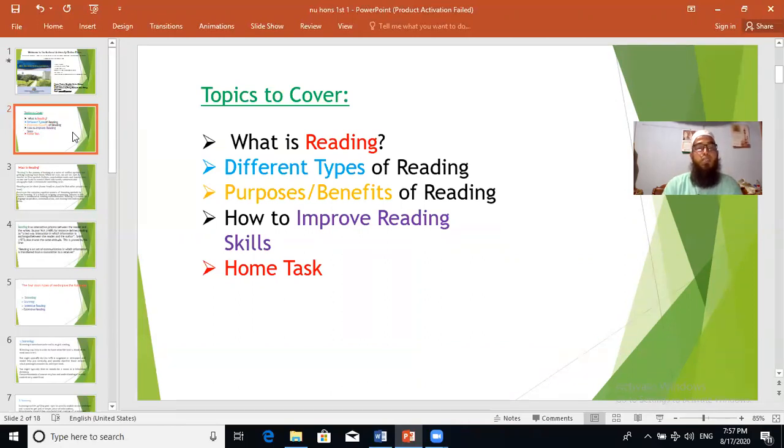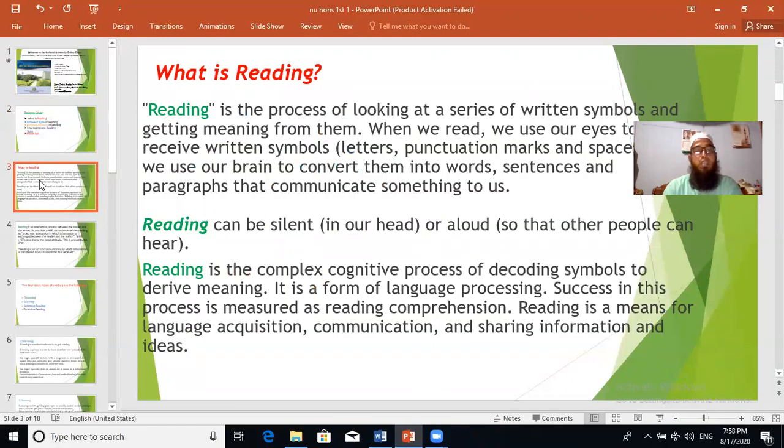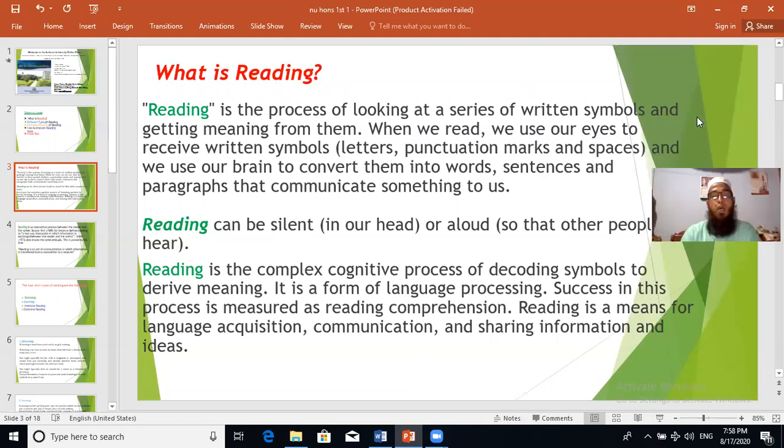So let's think, what is reading? Before looking at the answer, think yourself for 10 seconds. Can you get any idea about reading? Let's see. There are some definitions of reading. Reading is the process of looking at a series of written symbols and getting meaning from them.